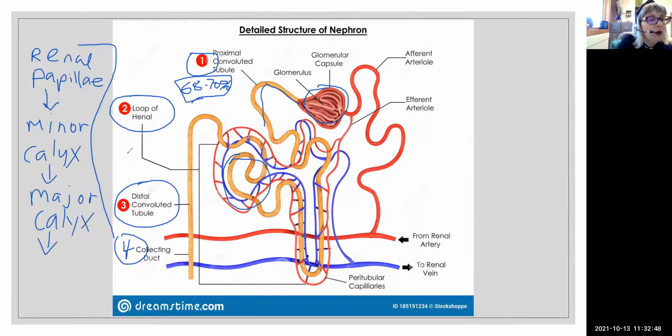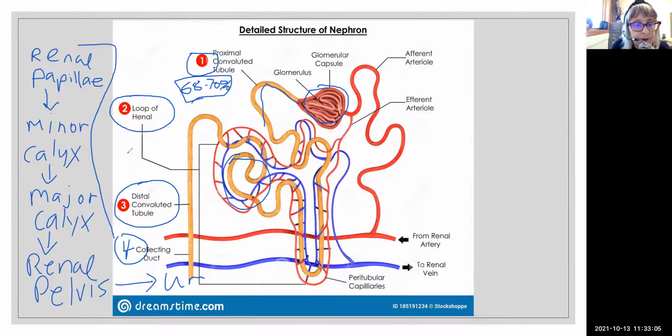Then it's going to go from there to the renal pelvis. From there, it's going to go into the ureters. From the ureters to the urinary bladder.